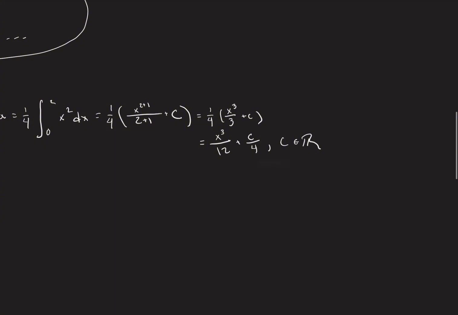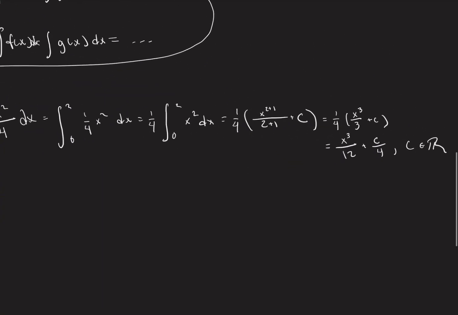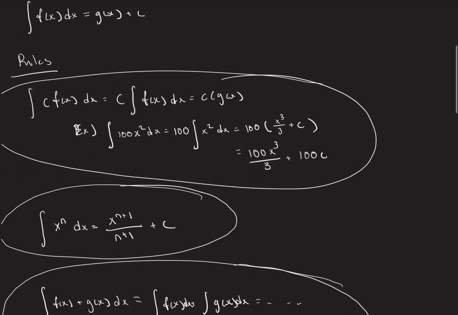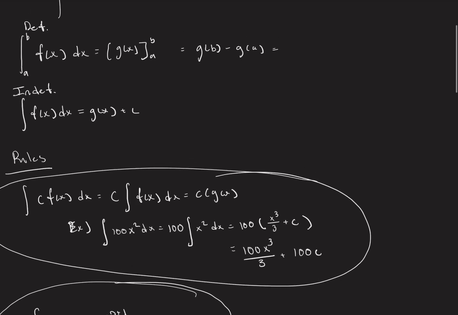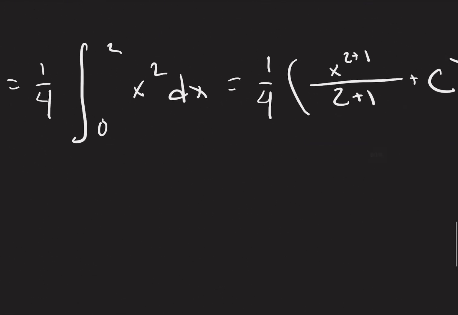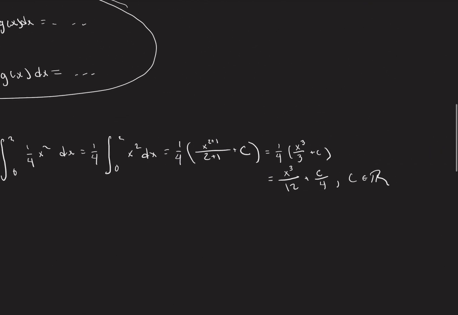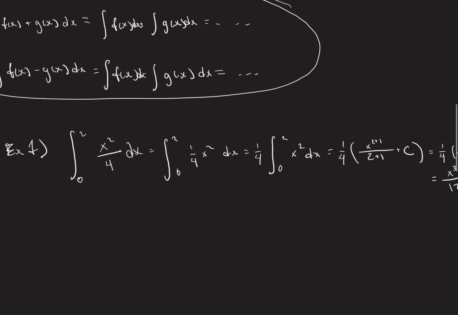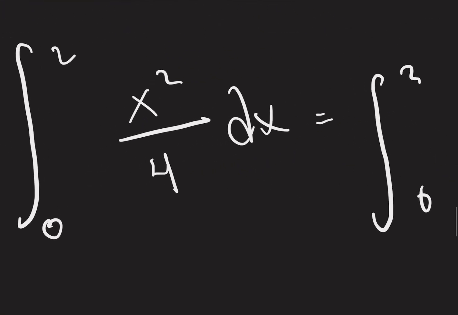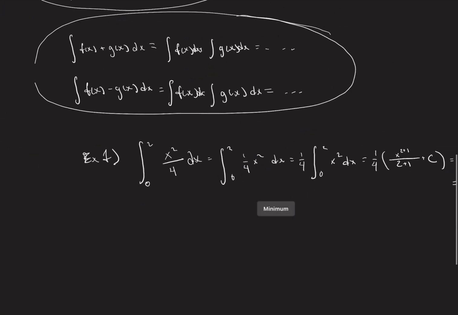And why this is important is because, like I said earlier, or I don't know if I mentioned it, but I'll mention it again. The derivative of the antiderivative that we found must equal the function inside the integral.